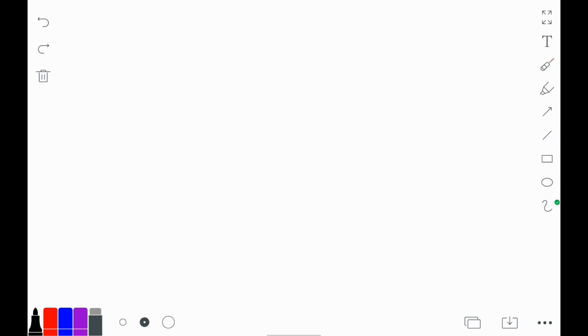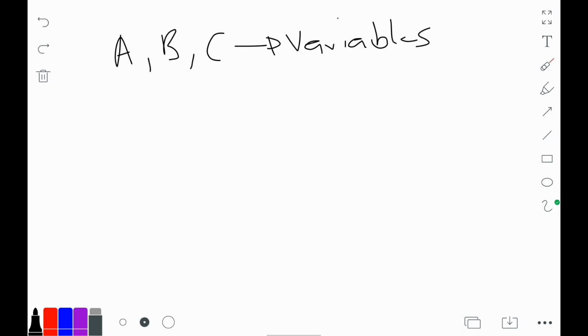In discrete mathematics, there are simple things that you have to know, and I know you guys know them. I'm going to start with A. I'm going to be using A and B, and let's say even C. These are going to be our variables. I'm also going to use this one.